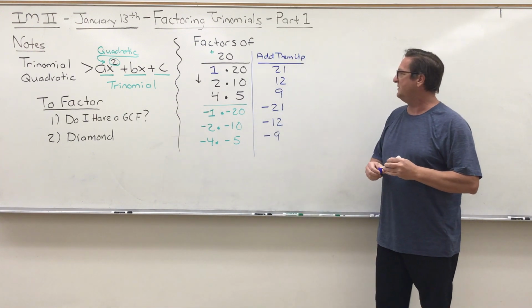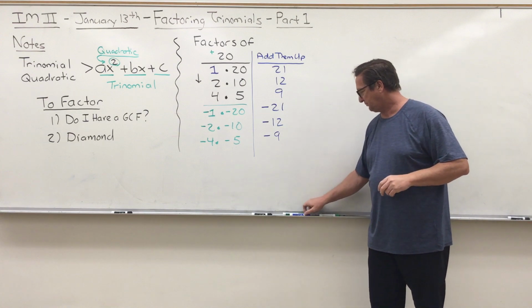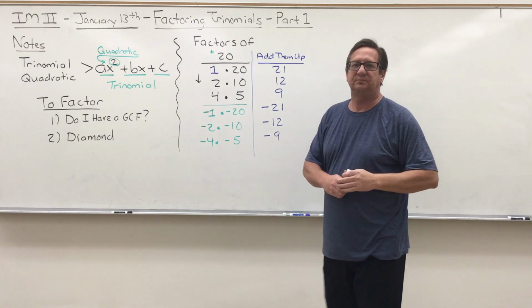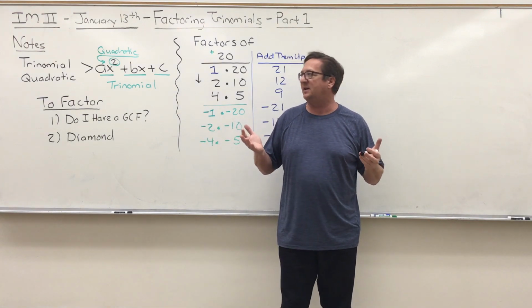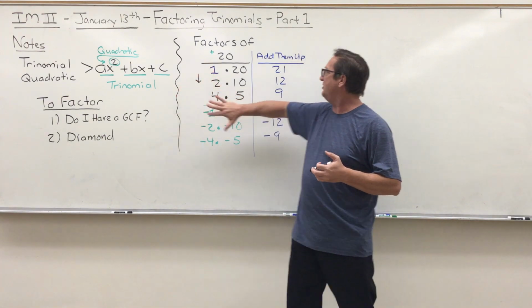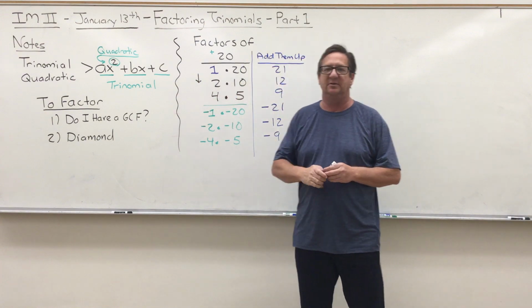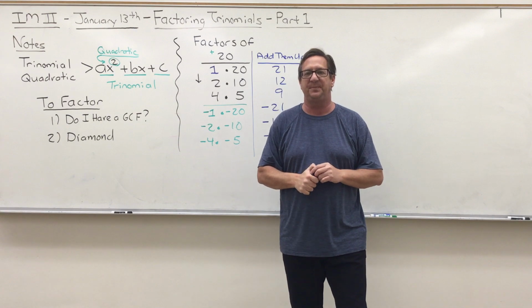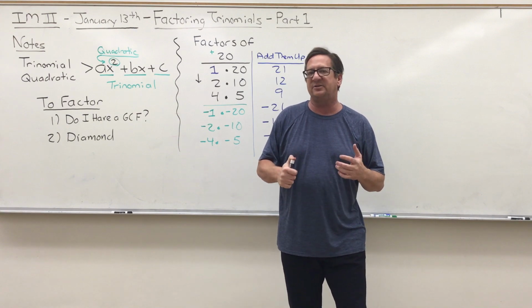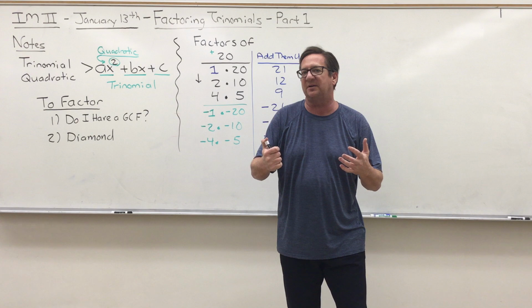And we get negative 9. Now, if we weren't in COVID and you guys were in class with me all the time, we would have spent maybe a day or two just playing with this right here, just getting you used to seeing all these combinations of numbers together.